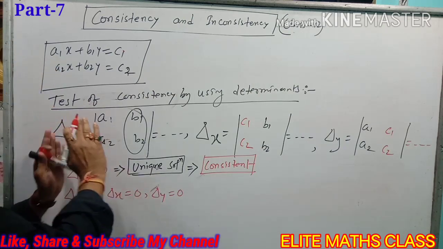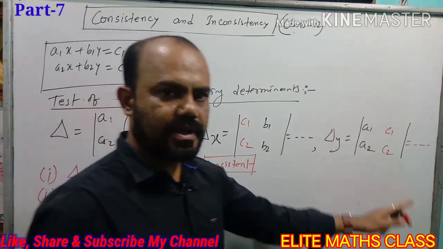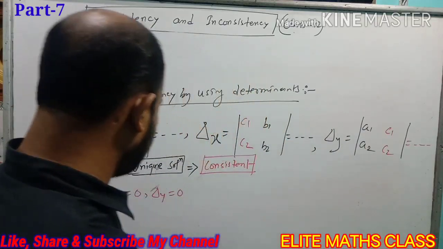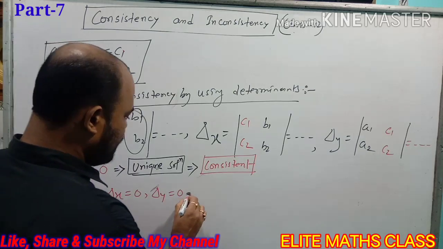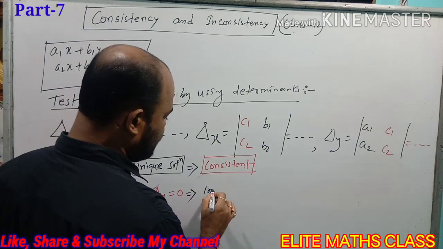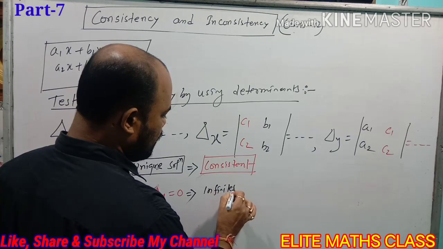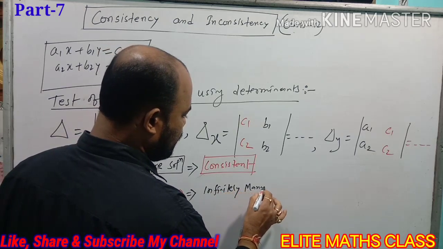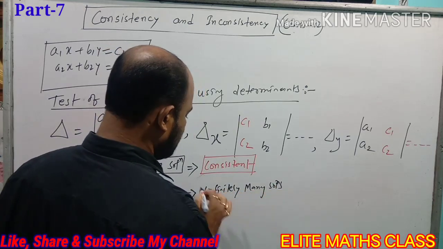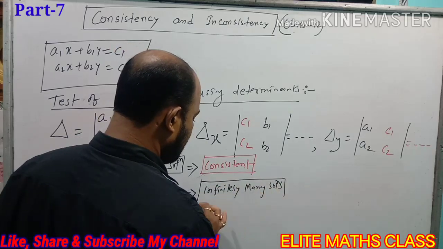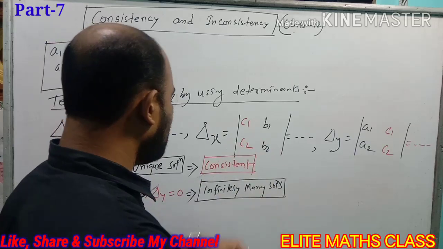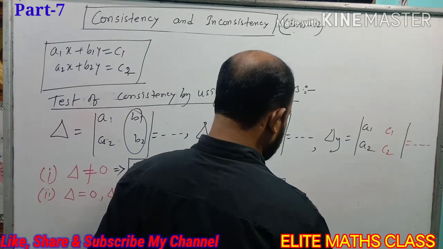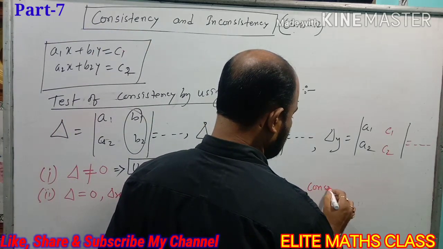That is, if the values of all the determinants are 0, then this system will have infinitely many solutions. As a solution exists, either unique or infinitely many, the system is consistent.